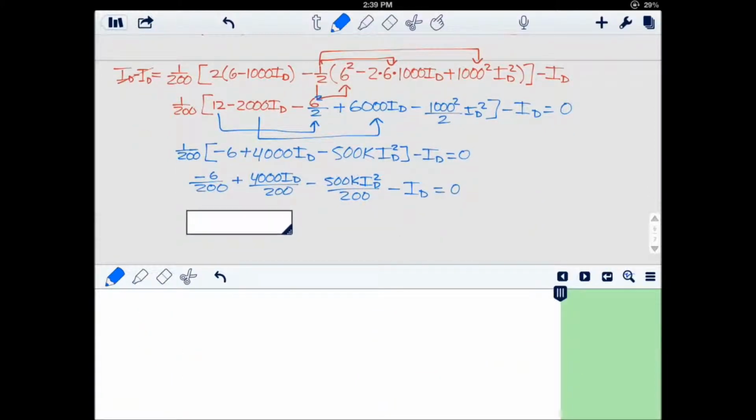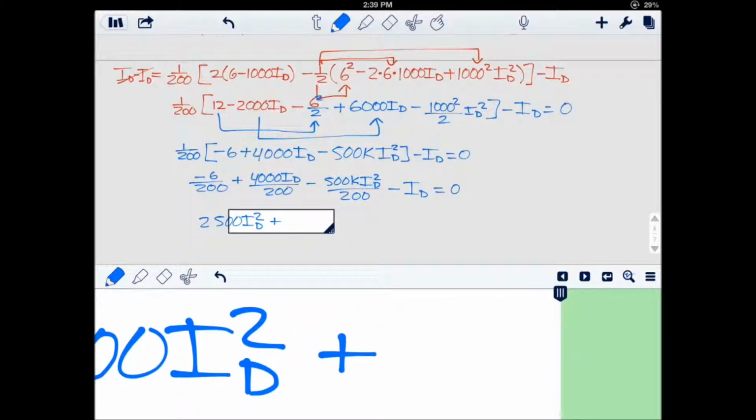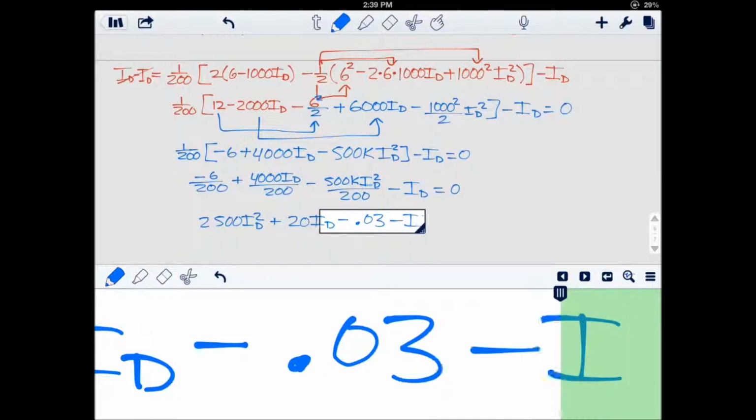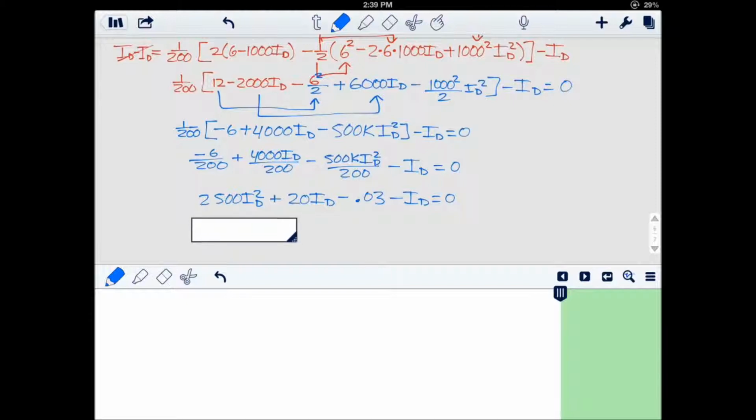If you notice, this would be 2,500 ID squared plus 4,000 over 200, 20 ID, minus 6 over 200, 0.03, minus ID equals 0.